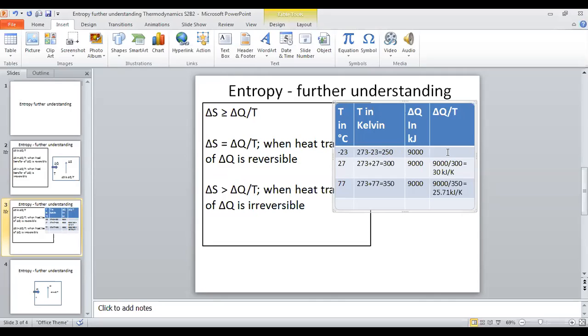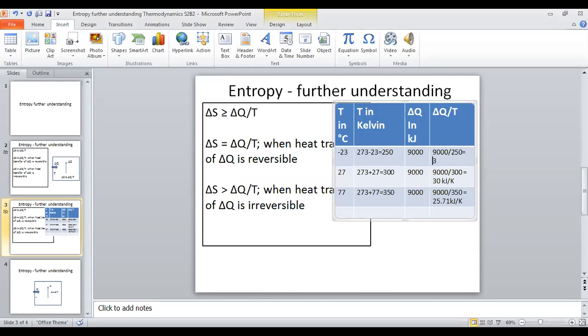Delta Q by T is 9,000 by 250. 250 by 1,000 is 4, so this is 36 kilojoule per Kelvin. I think that is good enough.